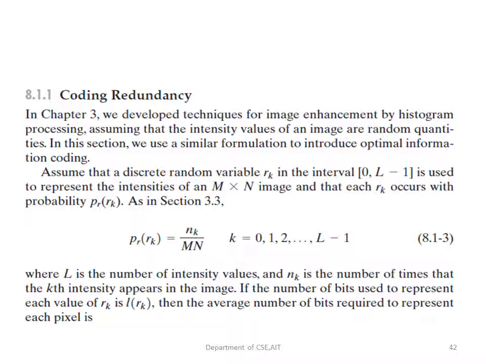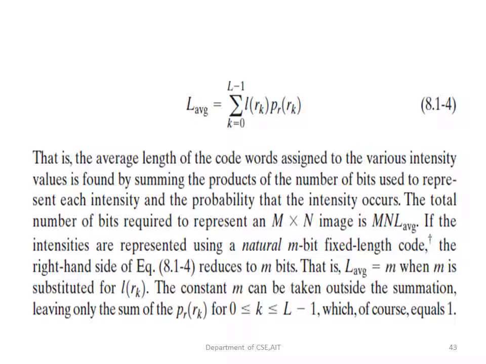If the number of bits used to represent each value of r_k is l(r_k), that is the number of bits required, then the average number of bits required is given by L_avg. L_avg is equal to the summation of k equals 0 to L-1 of l(r_k) times p_r(r_k).